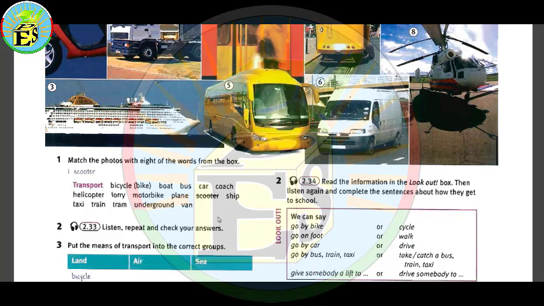Not illustrated: bicycle, boat, bus, car, motorbike, plane, taxi, train.